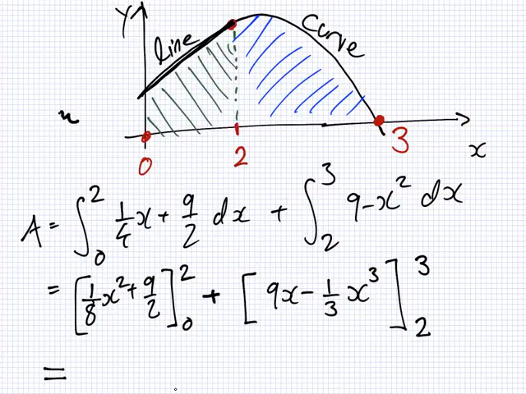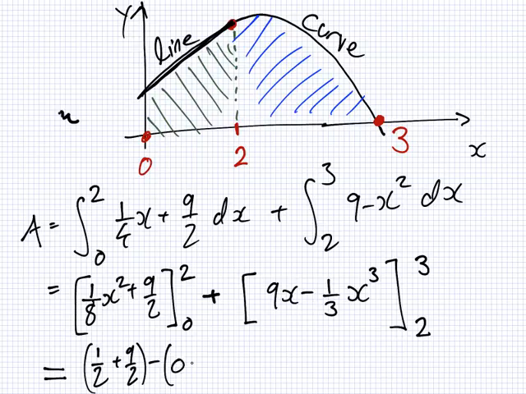Okay, so we'll put 2 in first. 2 squared is 4 over 8 is a half, plus 9 over 2, minus 0. Oh, my mistake, I forgot x here.